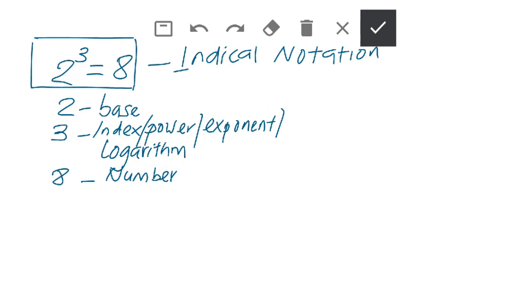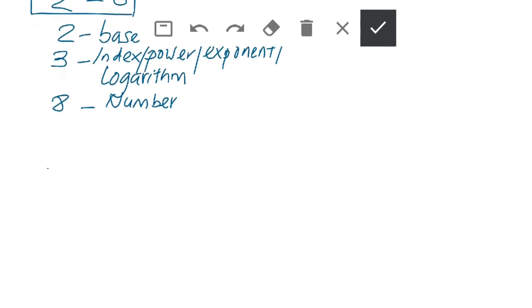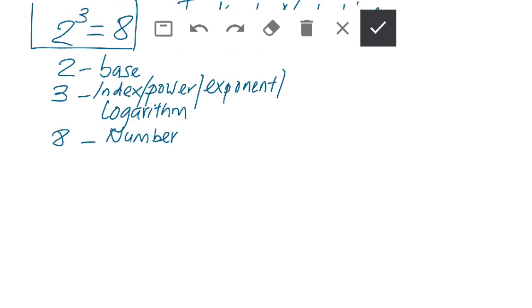Now moving on to what we are calling the logarithmic notation. There is a way we can express 2 to the power 3 equals 8 in form of logarithm. When you see 2 to the power 3 equals 8, we can start by writing log, then to the base. In this case, the base is 2. So the log to base 2 of what? The number. That number is 8. And that log is 3. I want to repeat.